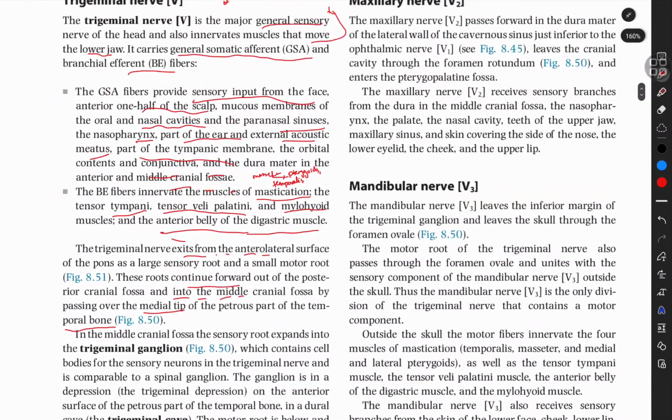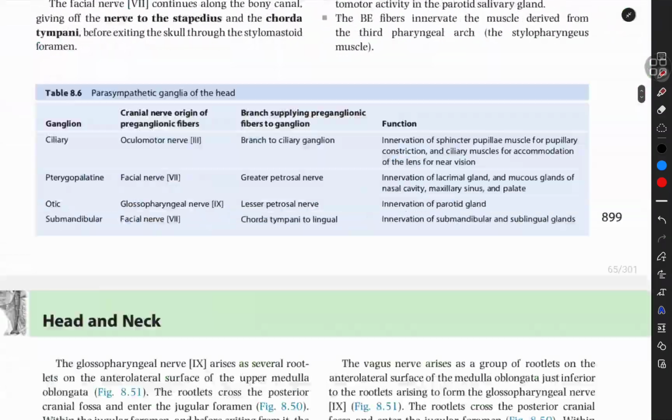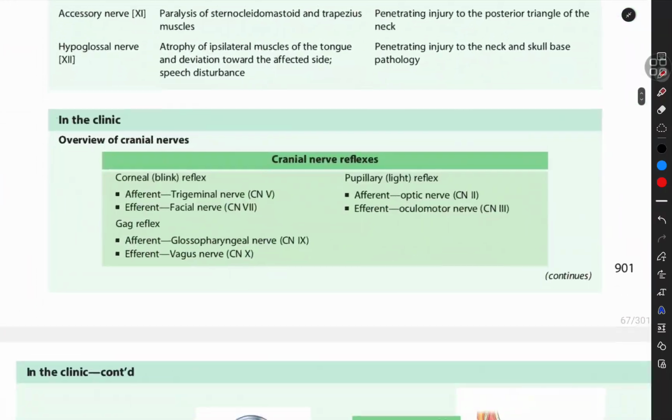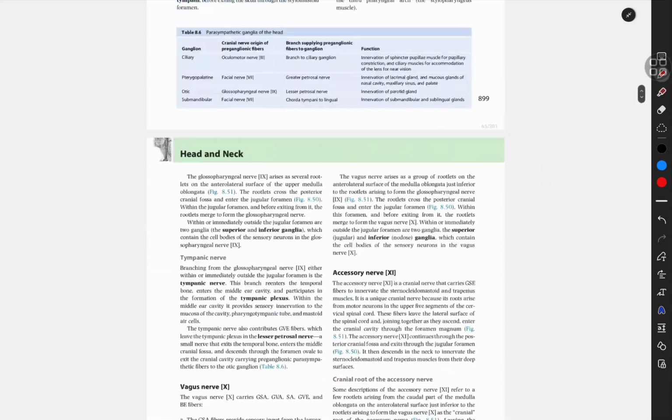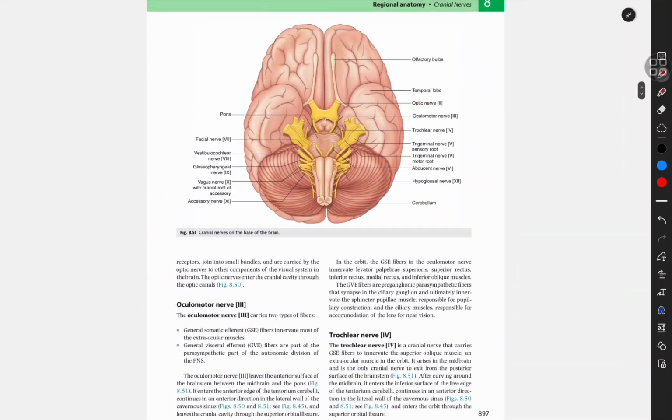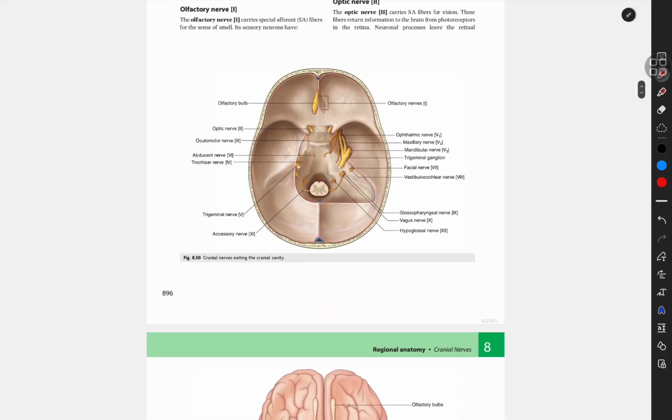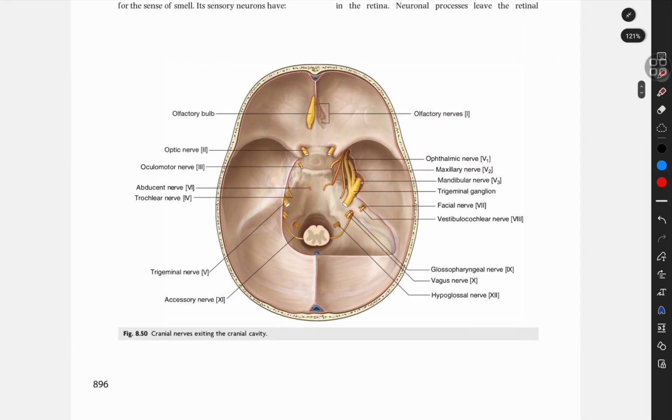Where is figure 8.5? Oh, this is 8.5. So the trigeminal nerve, the trigeminal ganglion, passing over the medial lip.